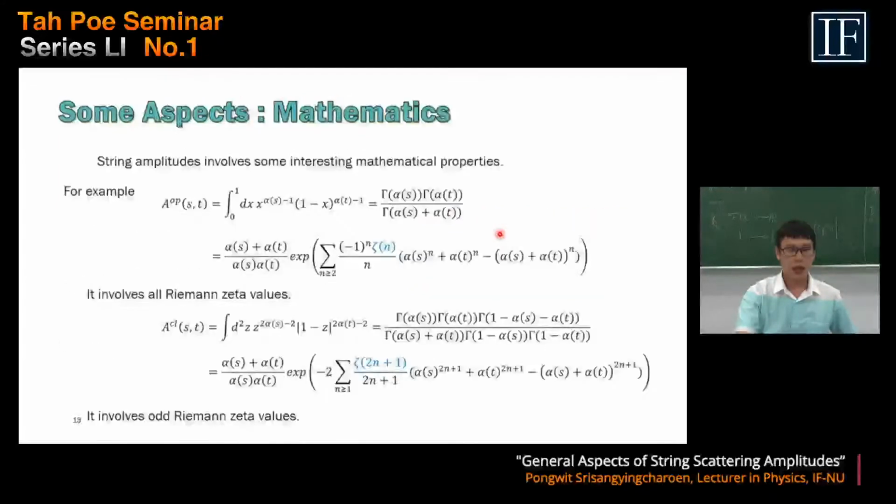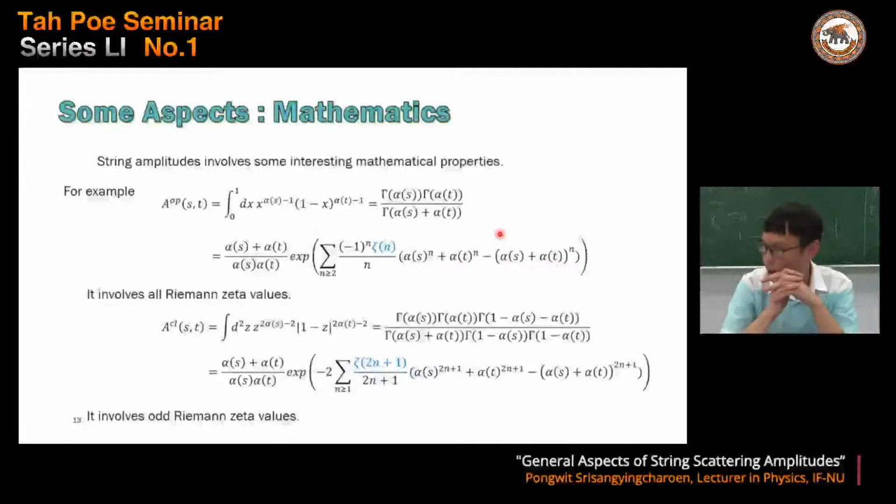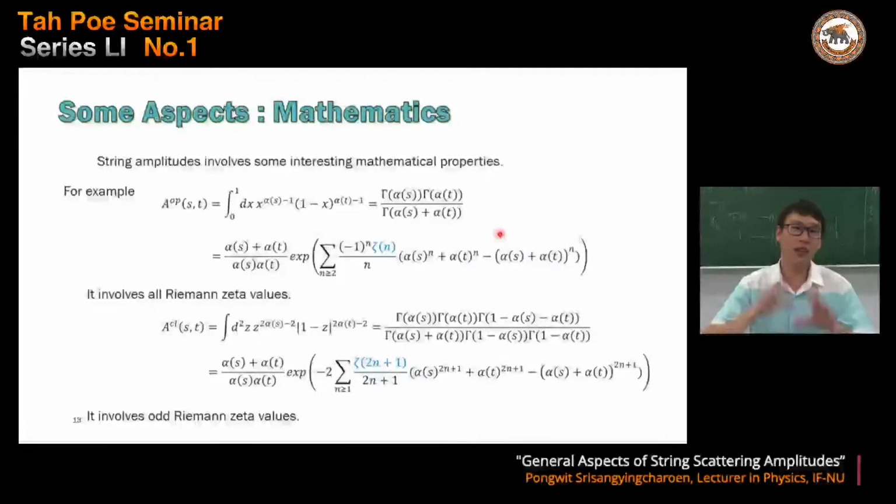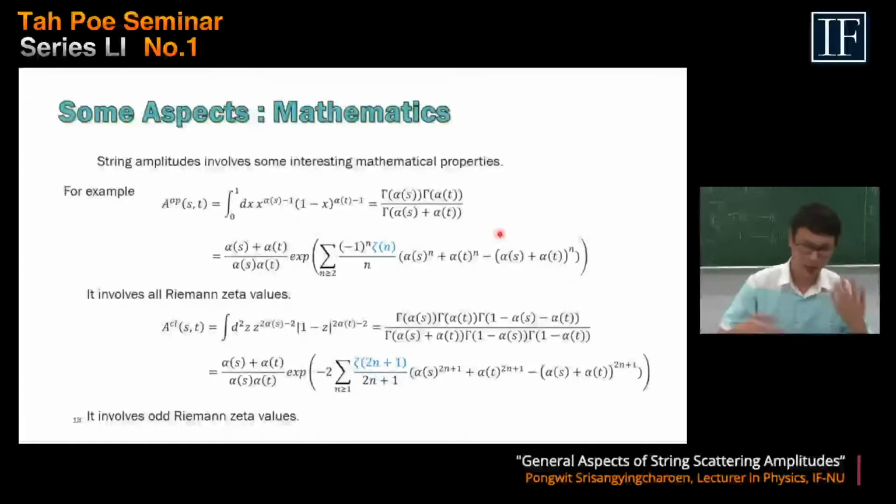So next, I'm going to talk about the mathematical aspect of the string amplitude. As I mentioned earlier, string amplitudes are rich in mathematics, especially there is a research area that is an interplay between string scattering amplitudes and number theory, which involves a lot of mathematics.